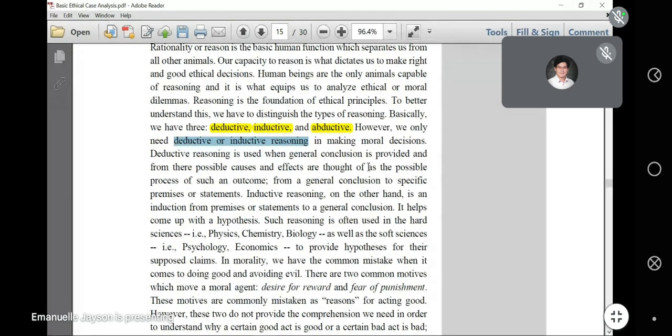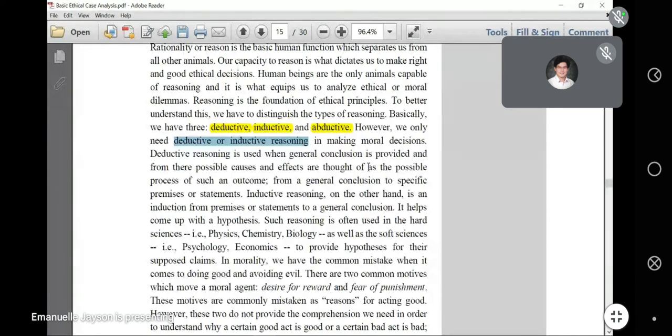So for example, tatanungin ng lawyer, no, bakit ka nagnakaw? So yung, for example, let's go back to the example that we have a while ago. Yung pregnant, rather, unemployed mother whose children are starving to death. And yung deductive reasoning would come in by analyzing first the conclusion. No?